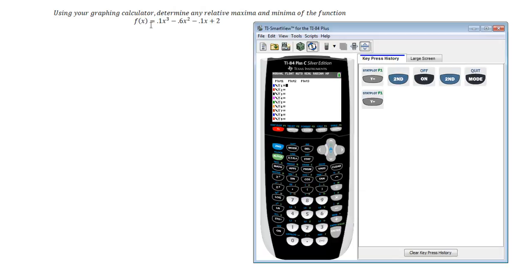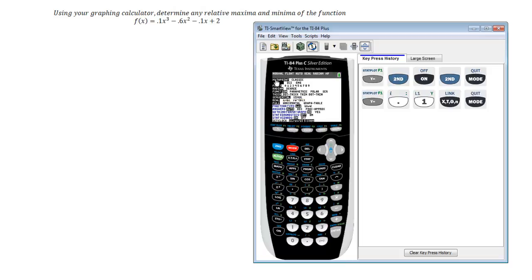So right now, I'm going to type in my function. I type 0.1, then x, which I'm going to use right there. This is the X,T,theta,n button. However, we're working in just an algebraic mode. So these are my modes. We are working in the function mode, and for most algebra classes, that's what you're going to be working in consistently.